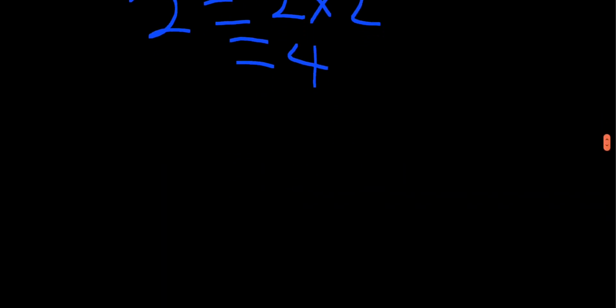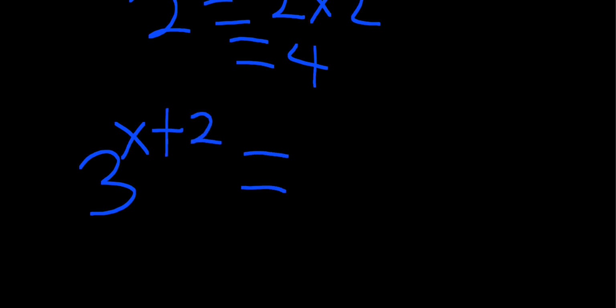Let's try the second example: 3 exponent x plus 2 is equal to 9. Pause this video and try to solve the work on your own before you come and have a look at the solution.